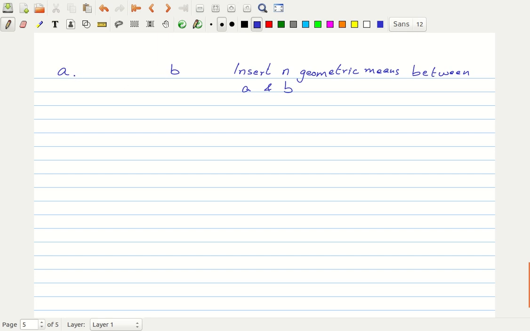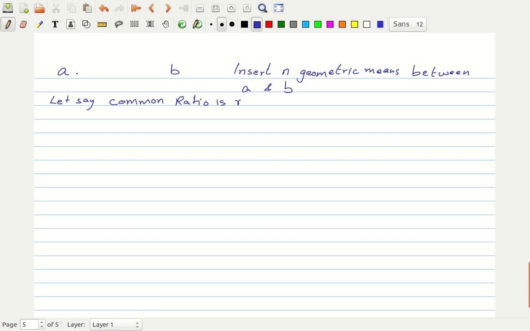So let us say that we are inserting some numbers with common ratio r. What would be the second term in that case?